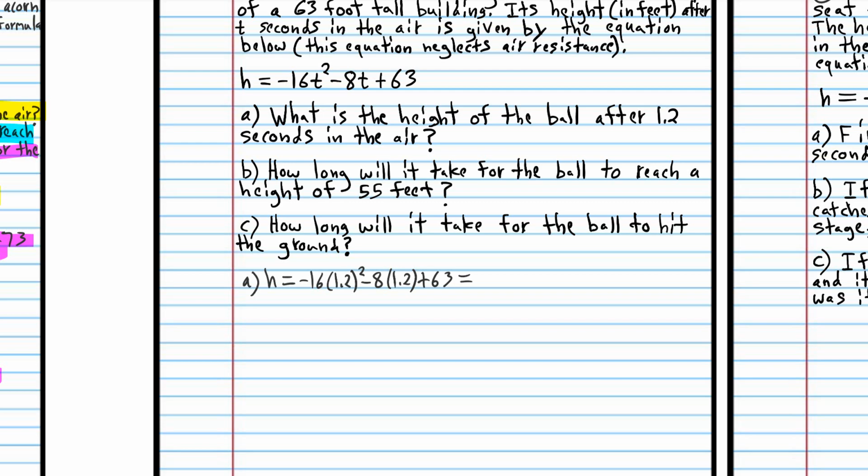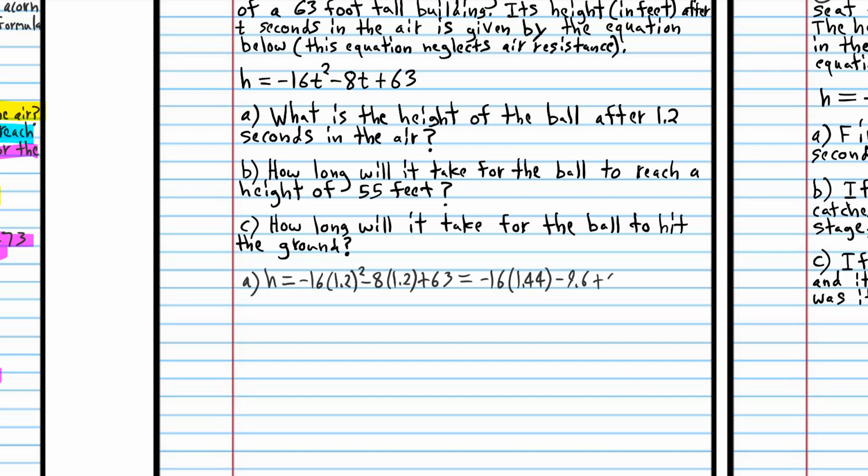So it's okay to use the calculator when you have decimals. So I'm going to get my calculator out. And 1.2 times 1.2, because we're squaring it, that would be 1.44. And then 1.2 times 8, -9.6.